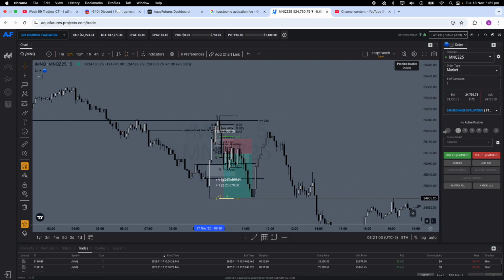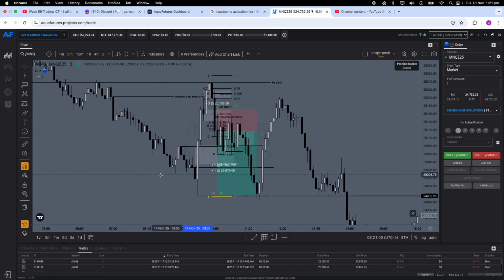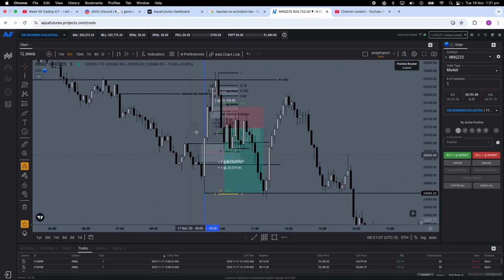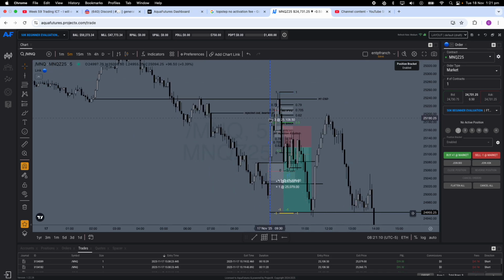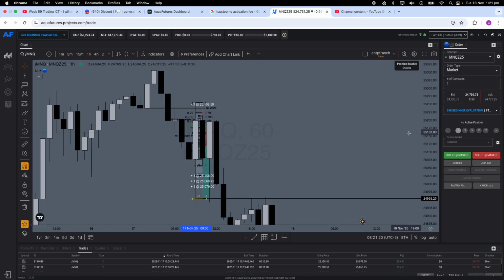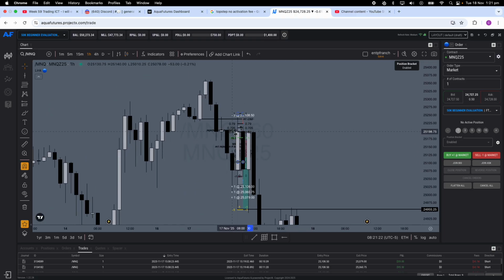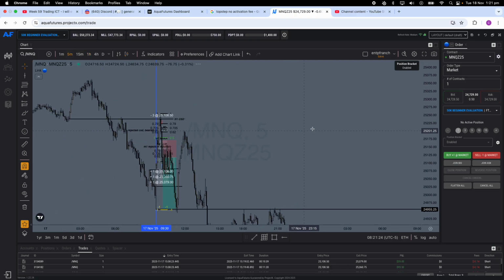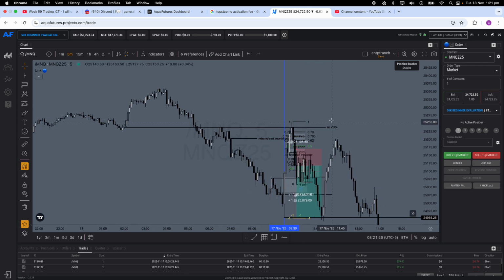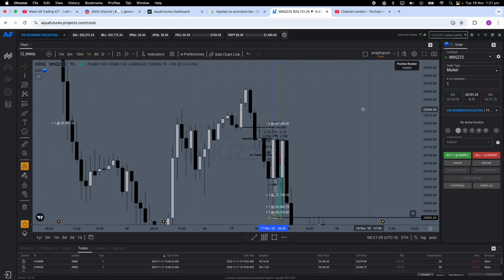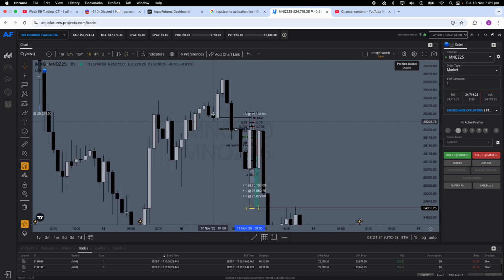We then pumped up, got a big 5-minute CSD, sent higher. But ultimately, as we approach 10 o'clock, you can see we reject this CSD level. It's this line here. And then we tap into a bearish CSD at the top here.